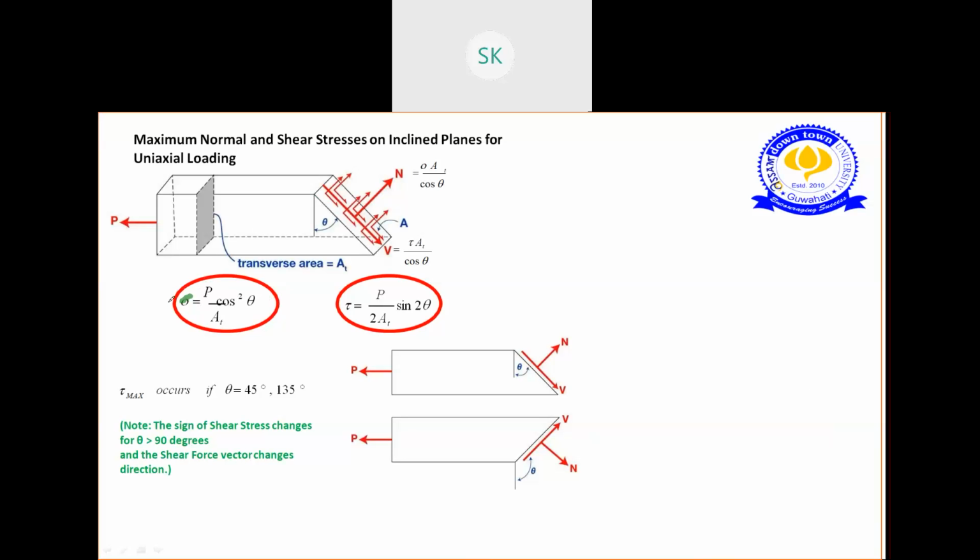Hello, is my voice clear now? Okay. So tell me, what will give its maximum value? When can I say that sigma will be maximum? Whether it depends on P, A0, what?